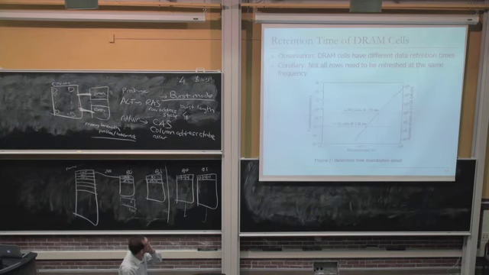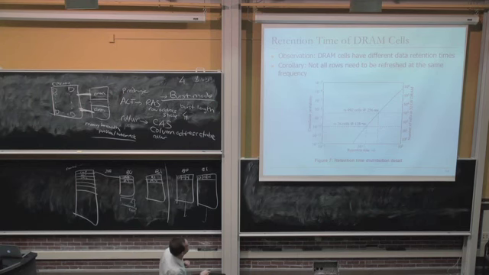And one technique Jamie has developed is, what he's observed, and people have observed this in other ways as well, is that DRAM cells have different data retention times. This is part of the distribution of the retention time. This is the x-axis, the retention time of the cells. And this is the cumulative probability that the cell has that particular retention time.